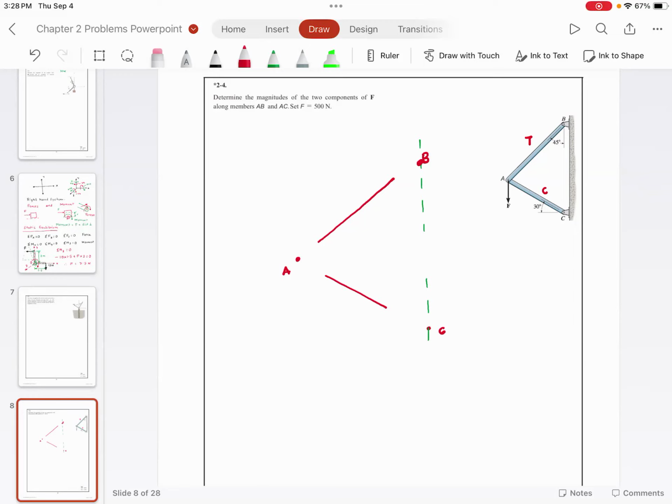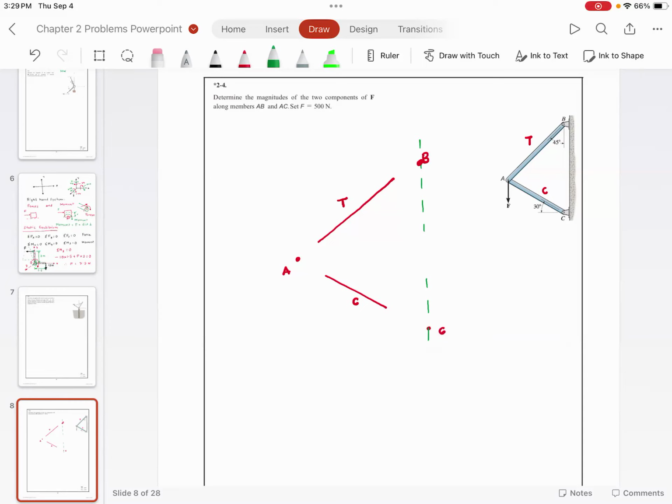Remember, just by looking at the problem, you told me that this member AB needs to be in tension. You also told me that this member AC needs to be in compression. Do you agree with me? So what I'm going to do is, first I'm going to draw the forces.